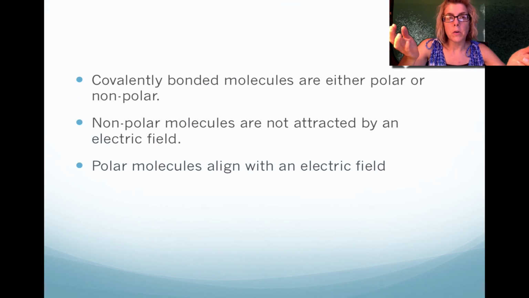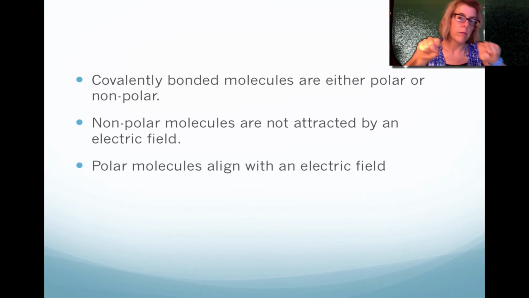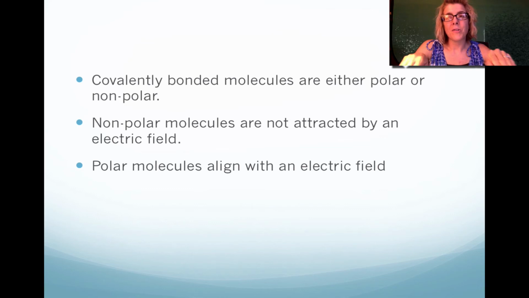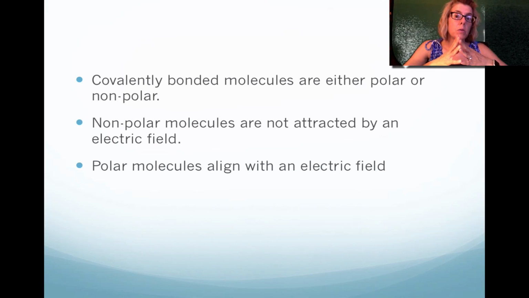Nonpolar typically occurs when the electronegativity difference is less than 0.4, or we have two atoms of the same element bonded together. When we're talking about nonpolar, and I'll show this in class, we're not seeing an attraction with an electric field. However, with polar molecules, we do see an attraction with an electric field.